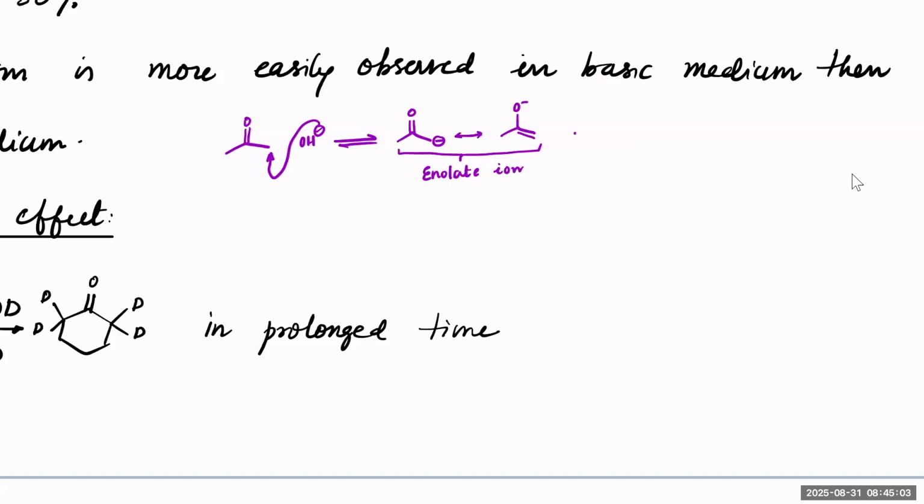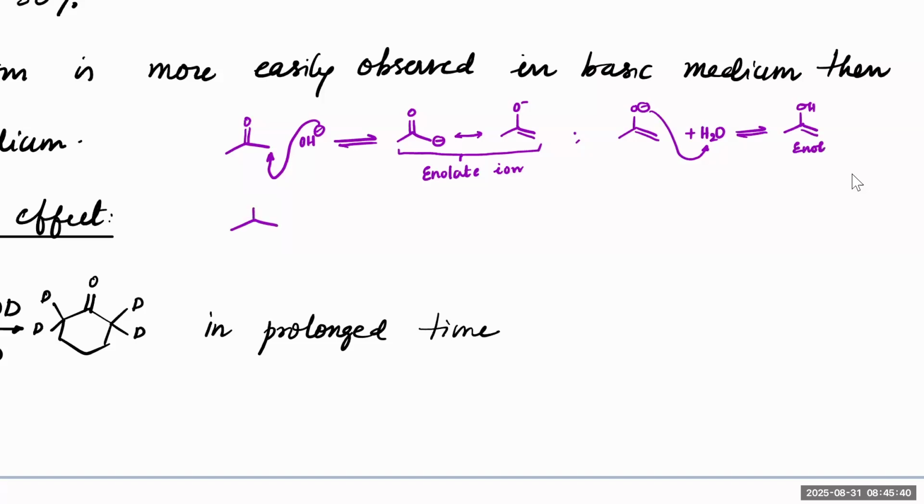Now, this O minus will take H plus, and you'll get OH and double bond. What is this one now? Enol.